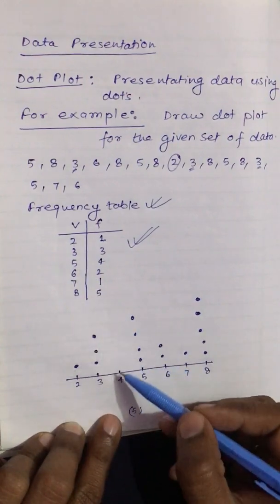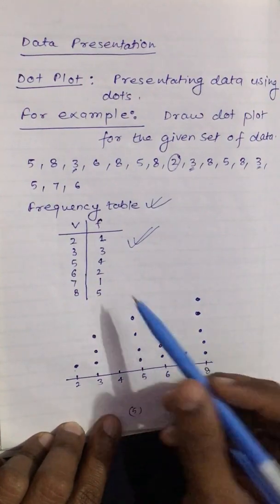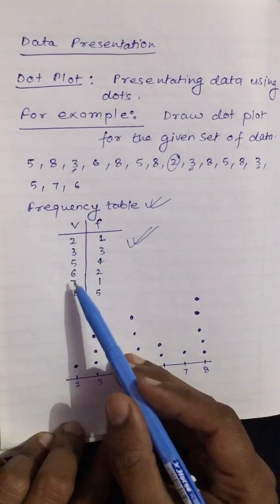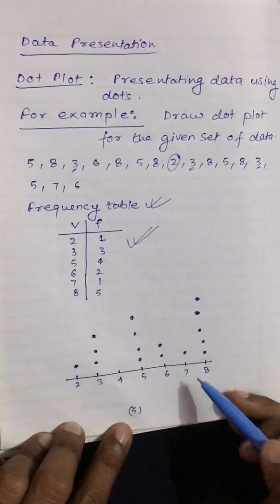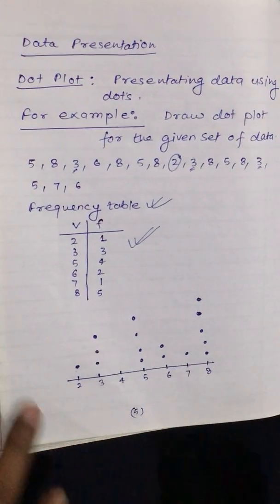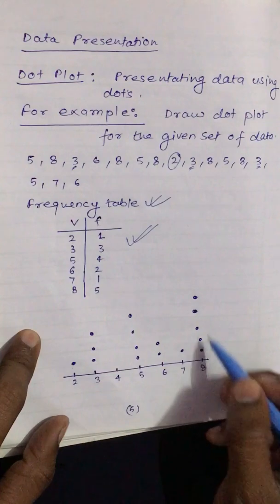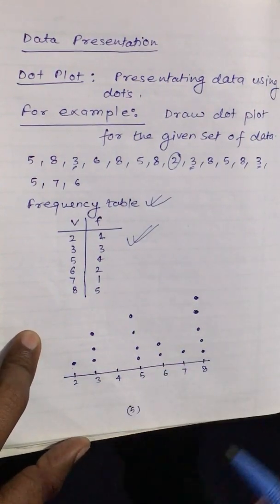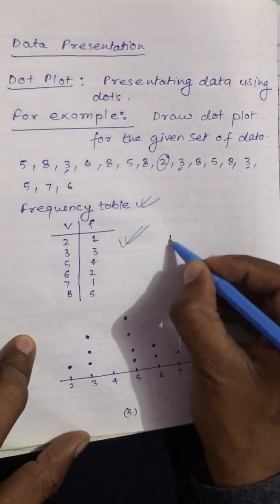Now 4 we do not have, so no dot. Now 5, how many times? 4 times. 6, 2 times. 7, 1 time, so 1 dot. 8 is 5 times, so 5 dots.